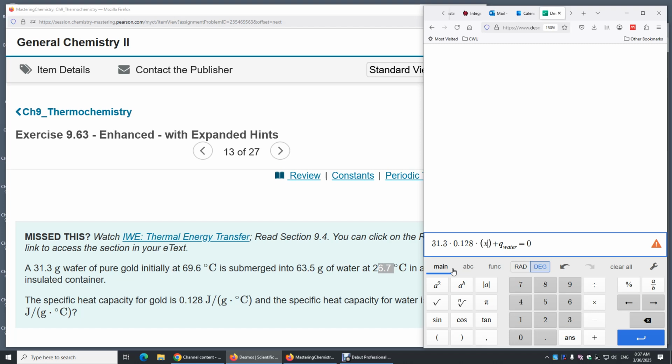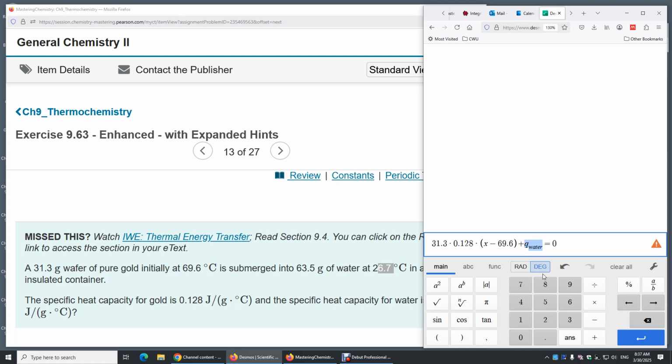I'm going to use X for the final temperature minus initial temperature. Make sure you use the mass of gold, C sub S of gold, and this is the initial temperature of gold. Over here, X is the final temperature of gold and also final temperature of water.